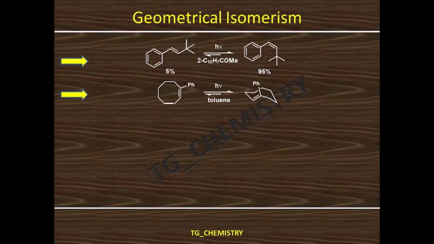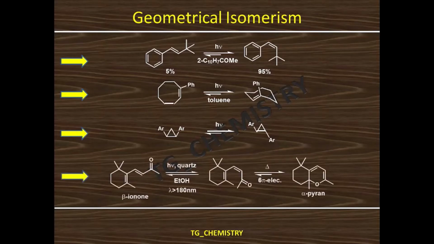For the second example, as you can see here, it is a little bit different in terms of the cis-trans isomerism. Here from the cis one, it goes to the trans isomer. And here as well, for the beta ionone, you can see if the reaction vessel is made of quartz, the wavelength of the light would be more than 180 nanometer, of course.